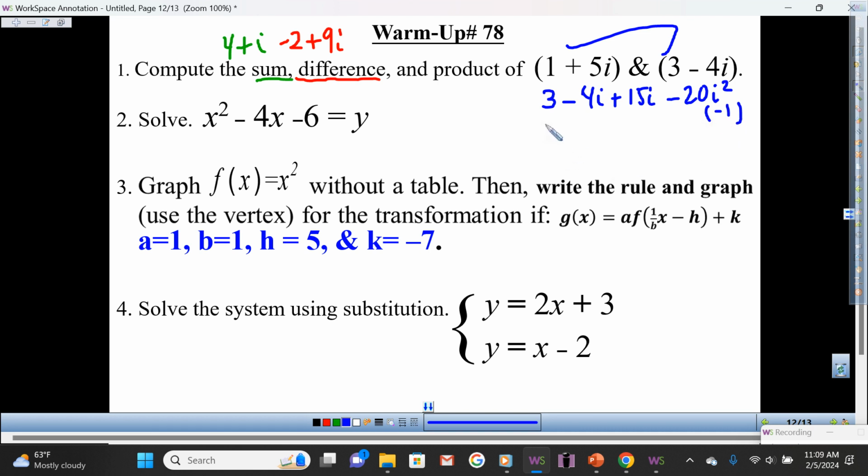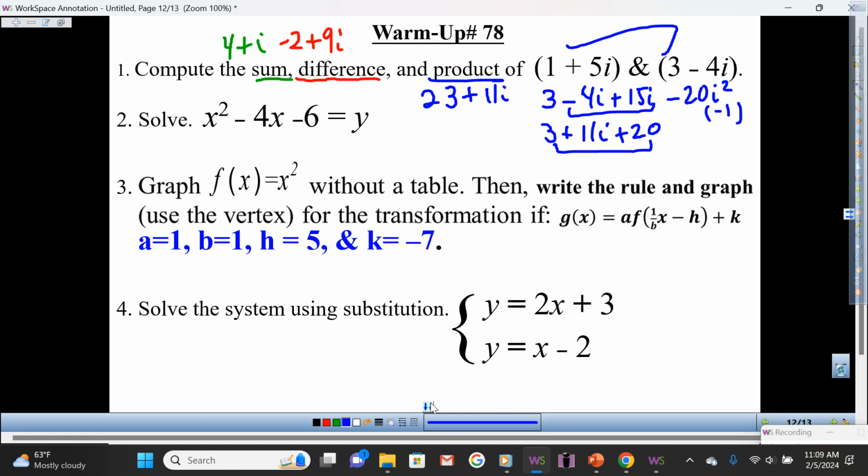So this is 3, combine these, that is 11I, positive, and then this is positive 20, because -1 times -20, combine, 23, plus 11I. Hands if you got that? Yes? All right. Let's go to number 2.